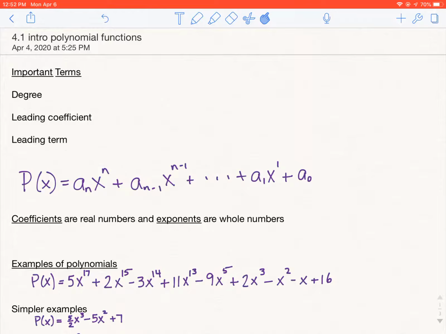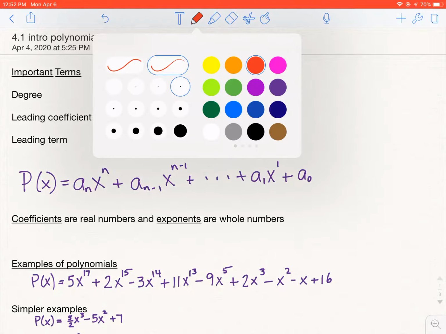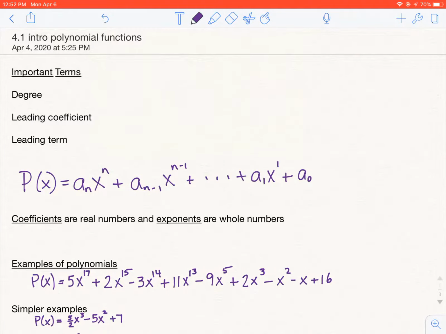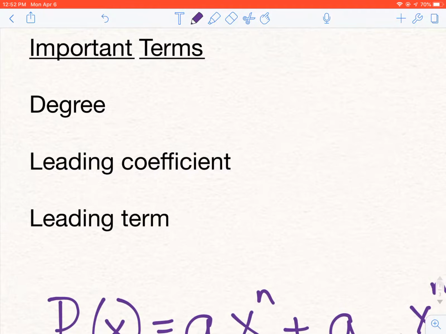So the three important terms that you need to know for today at least, and probably tomorrow, are degree, leading coefficient, and leading term. So we're going to try to define those things. So degree. When we talk about the degree of a polynomial, it's the highest exponent.